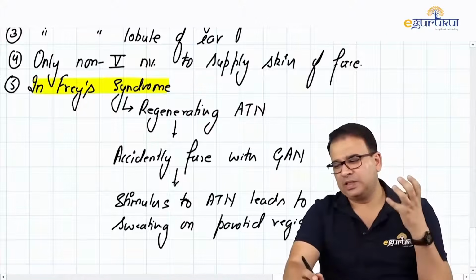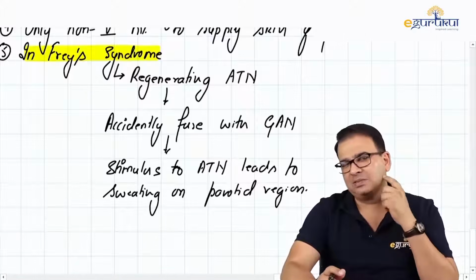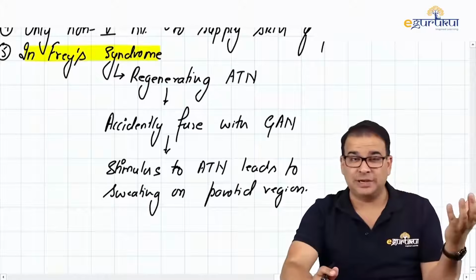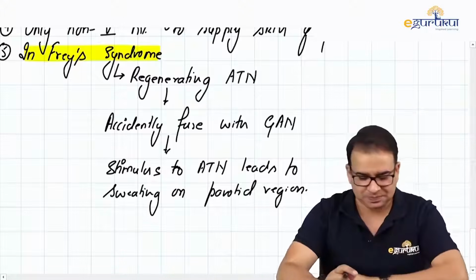So these patients, when they chew while eating, show sweating in this region, because the auriculotemporal nerve, which was actually secretomotor to the parotid gland, is now also supplying the sweat glands in that region.